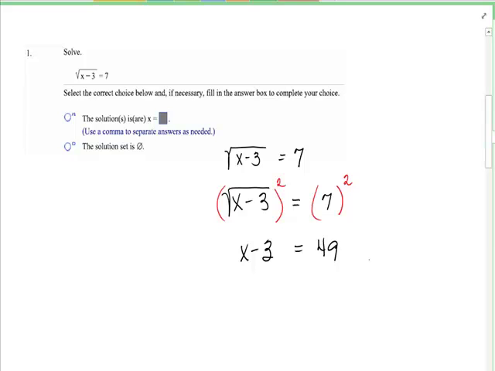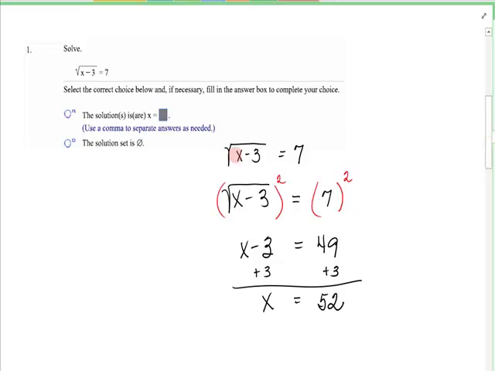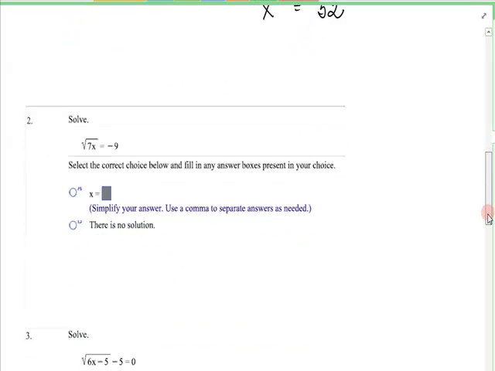Now, you just have a plain old linear equation to solve. Add 3 to both sides, and x is equal to 52. All right? So, the radical needs to be isolated, nothing added or subtracted from it on the outside, nothing times it on the outside. If it is, then go ahead and square both sides and solve what you get.